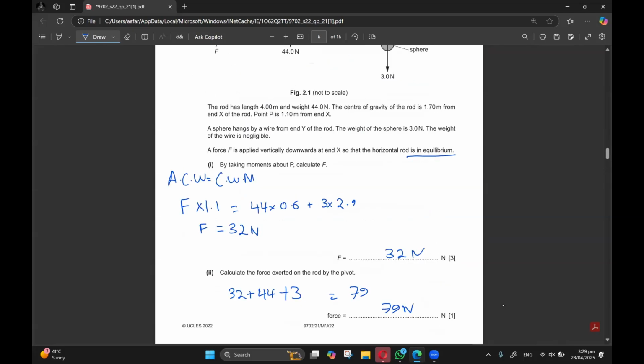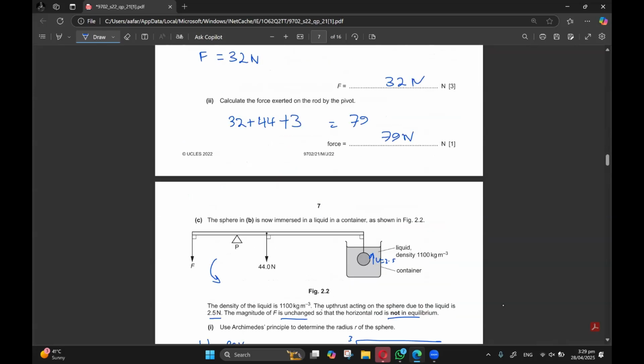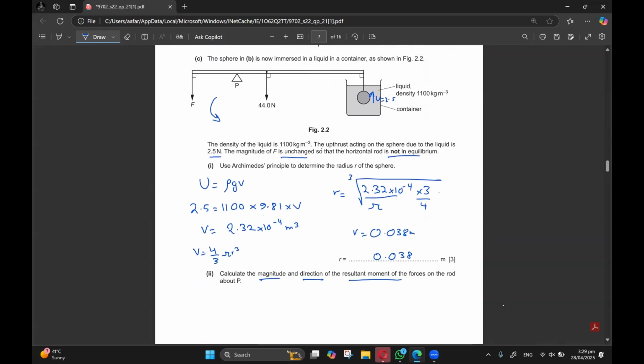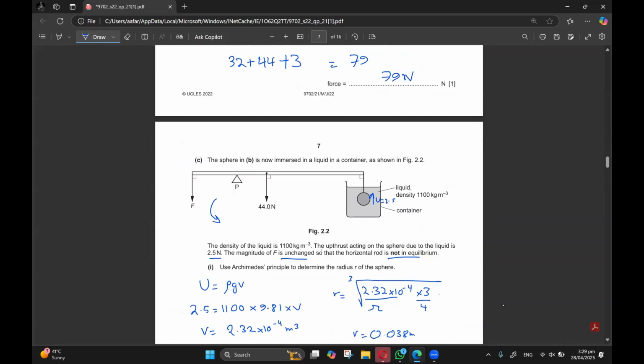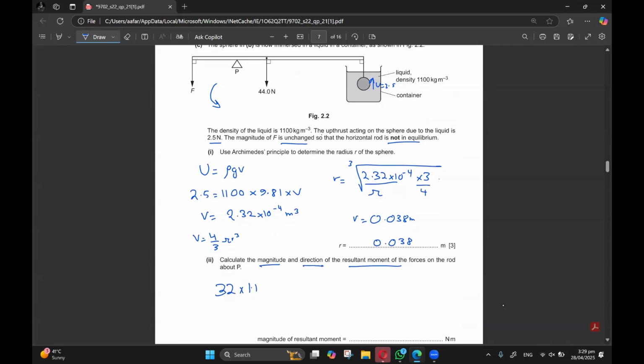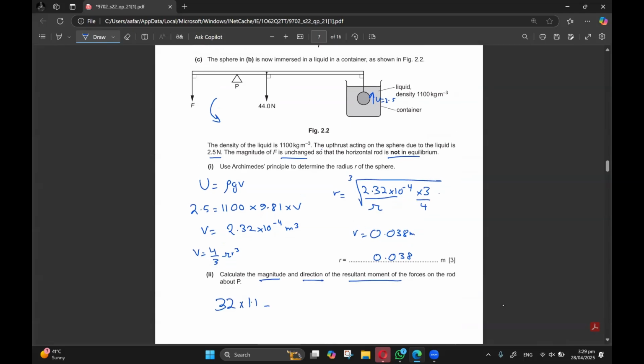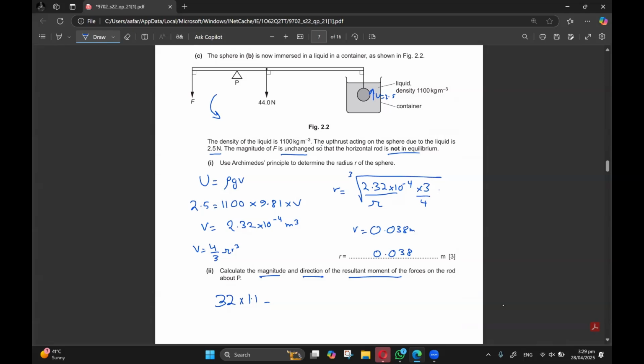F was 44. Sorry, F is 32, into 1.1, moment of F, minus the moments of the clockwise forces, 44 into 0.6.